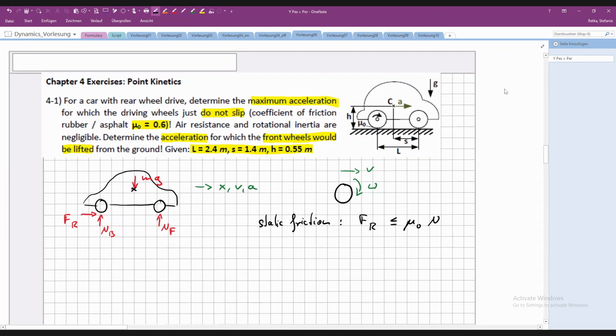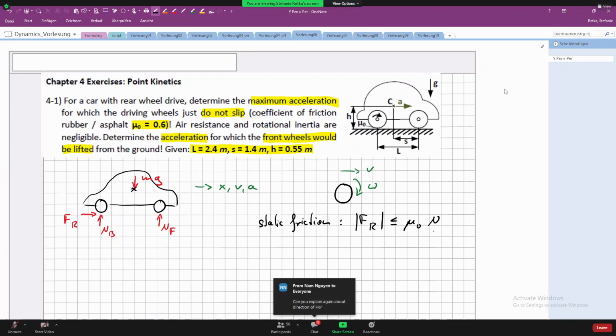And here you have to make sure to build the absolute value. So once you use this equation for static friction, you have to make sure that you use the correct sign of the force of friction by building the absolute value. Friction force is always positive.